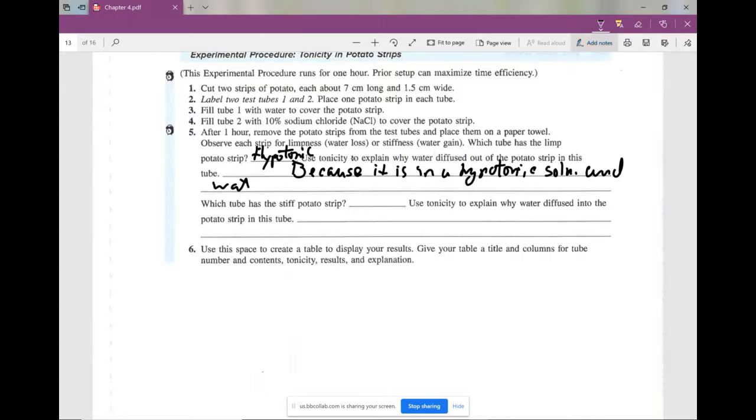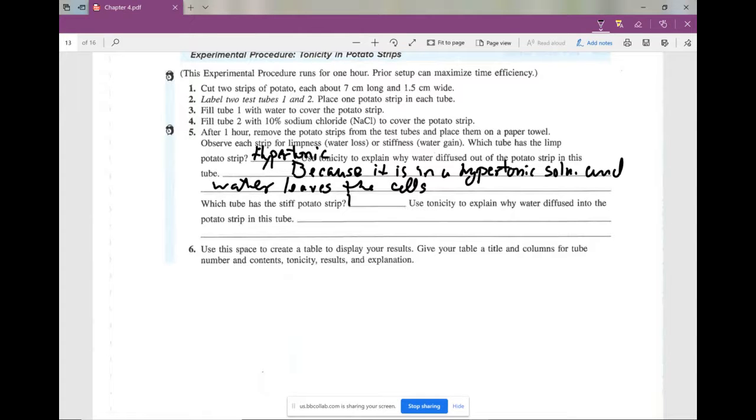I apologize for that. I was confusing myself here. This would be hypertonic. And water leaves the cells.